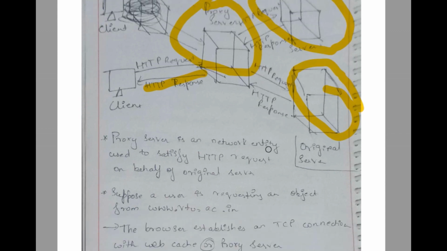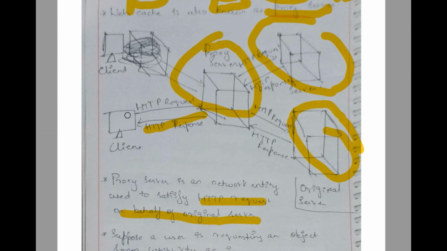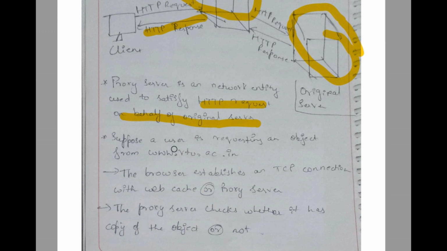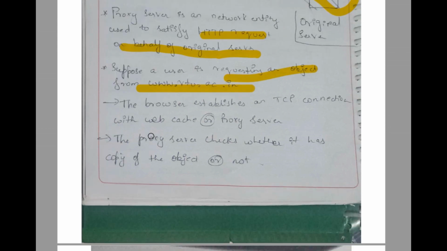A proxy server is a network entity used to satisfy HTTP request messages on behalf of the original server. The proxy server is a network entity that fulfills the request of the client on behalf of the original server. Suppose you are requesting an object from www.vtu.ac.in.